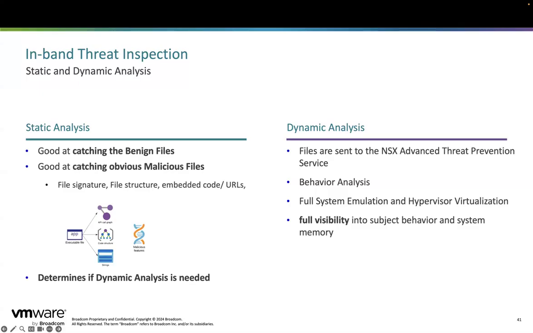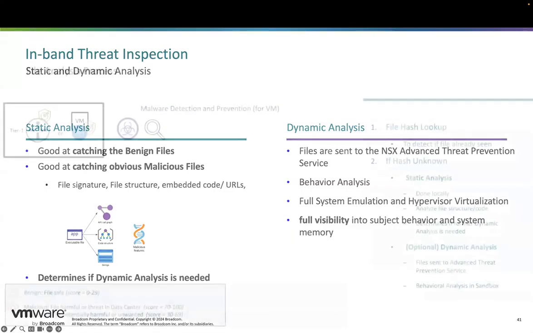For the dynamic analysis, the files are sent to the Advanced Threat Prevention Service, where it analyzes the full behavior, does a full system emulation, and looks at full visibility into the subject behavior and the system memory.